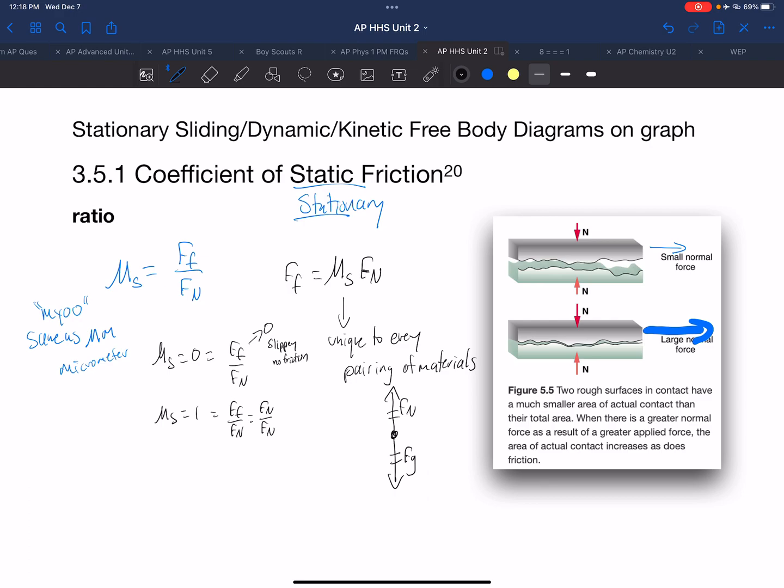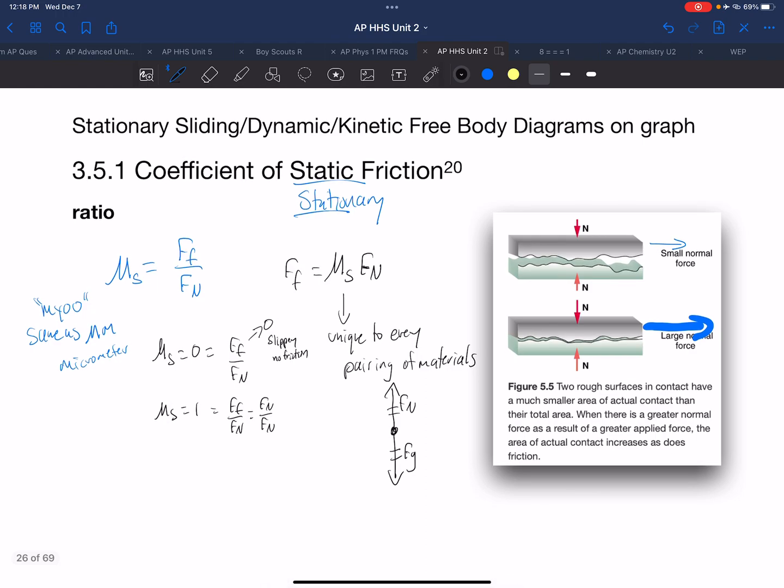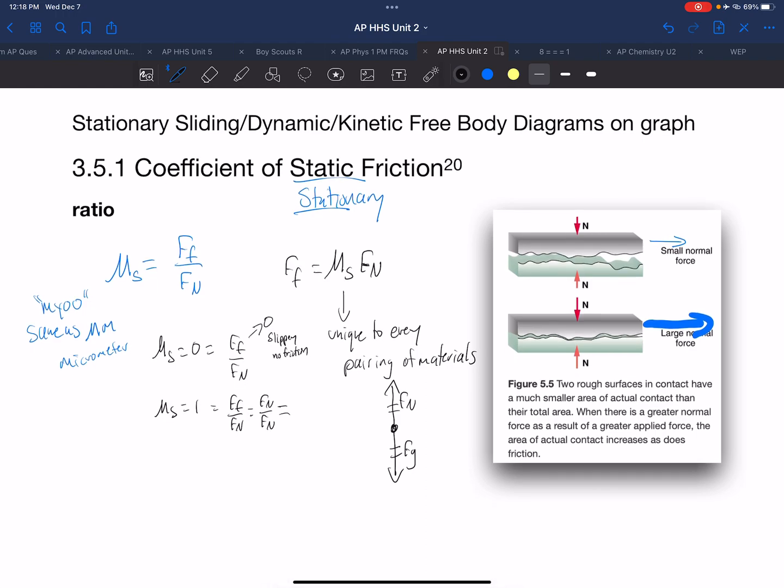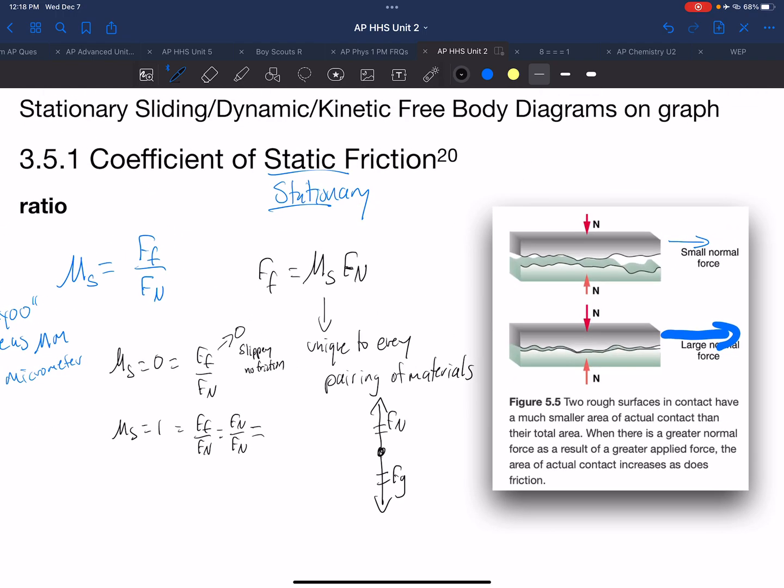So to have a mu of 1, the force would have to be equal to the weight. In other words, the force would have to be so large that we would have to lift it upward. The force so large it could lift one off of the surface.